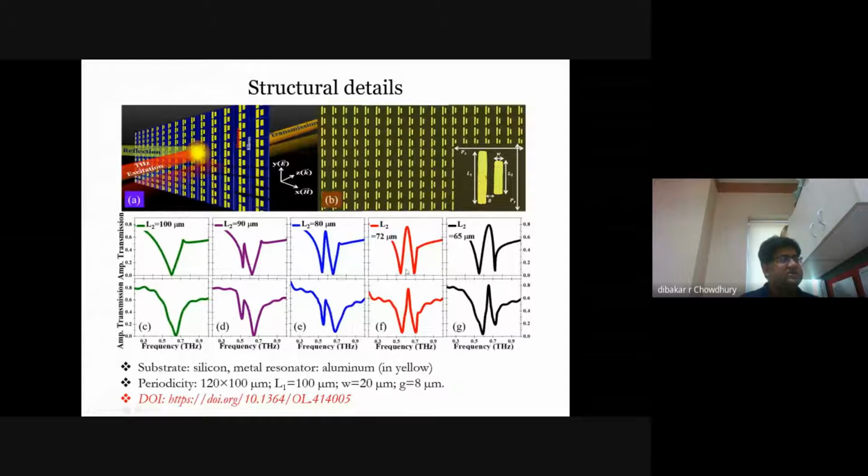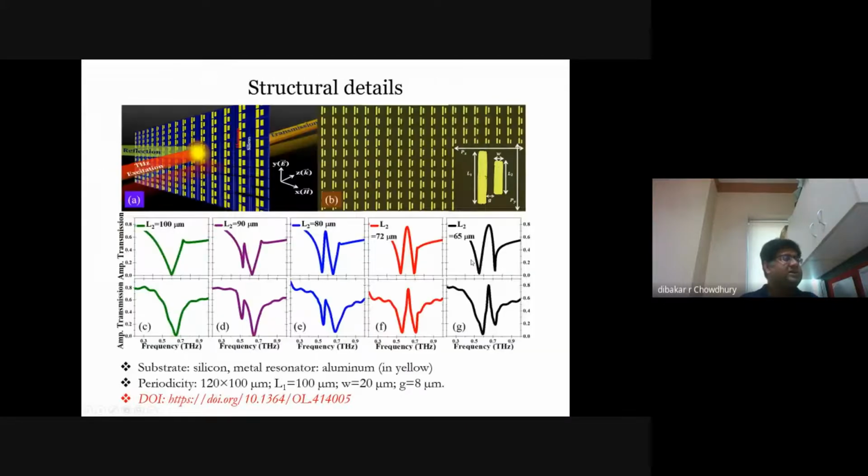Then the strength changes, and finally the higher frequency mode is very narrow, but the lower frequency mode, which was earlier narrow and asymmetric, has become a dipolar symmetric one. In this experiment, we kept L1 fixed and changed L2 slowly, from 0% asymmetry to 35% asymmetry.